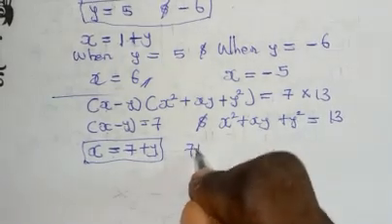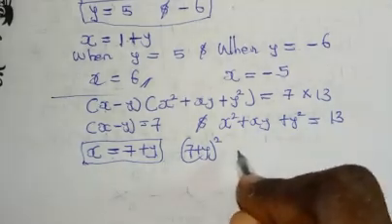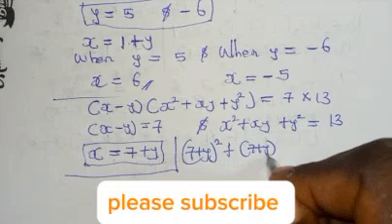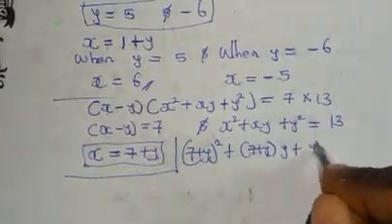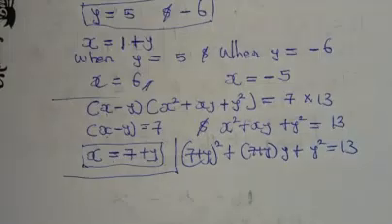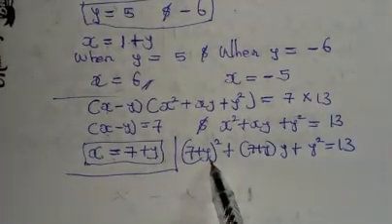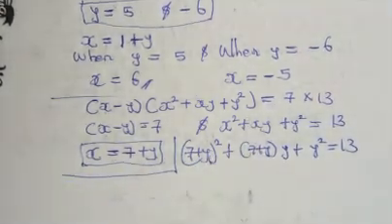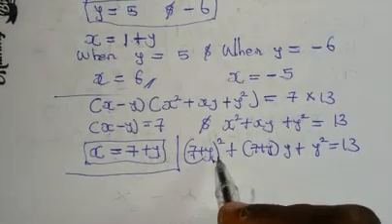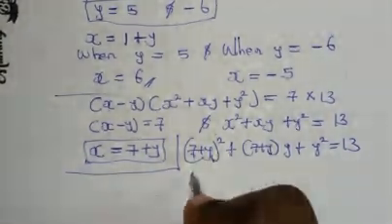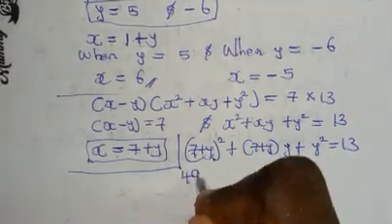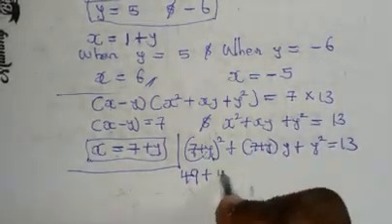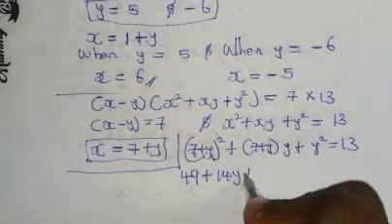Therefore, substitute 7 plus y for x in equation 2. So we have (7 plus y) squared plus (7 plus y) times y plus y squared is equal to 13. So expand this using the algebra property. You know that we are going to have 7 squared, which is 49, plus 2 times 7y, which is 14y, plus y squared.